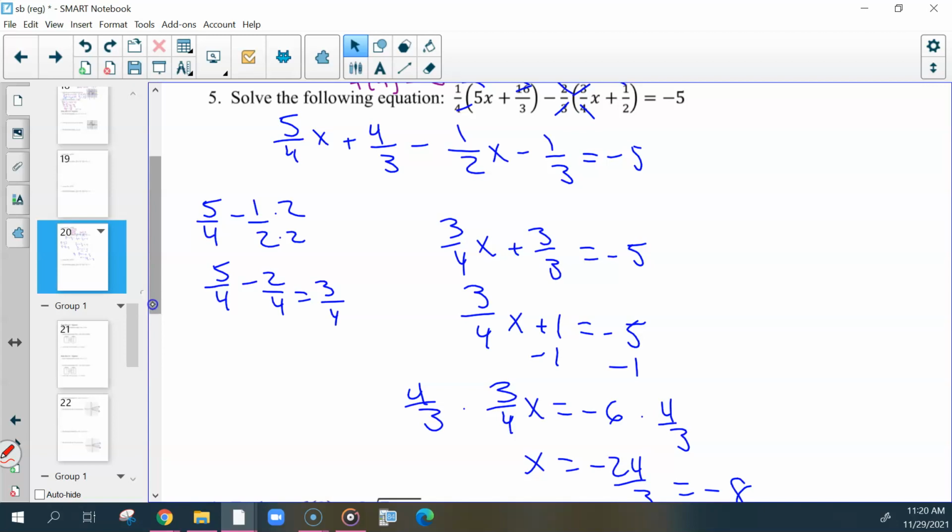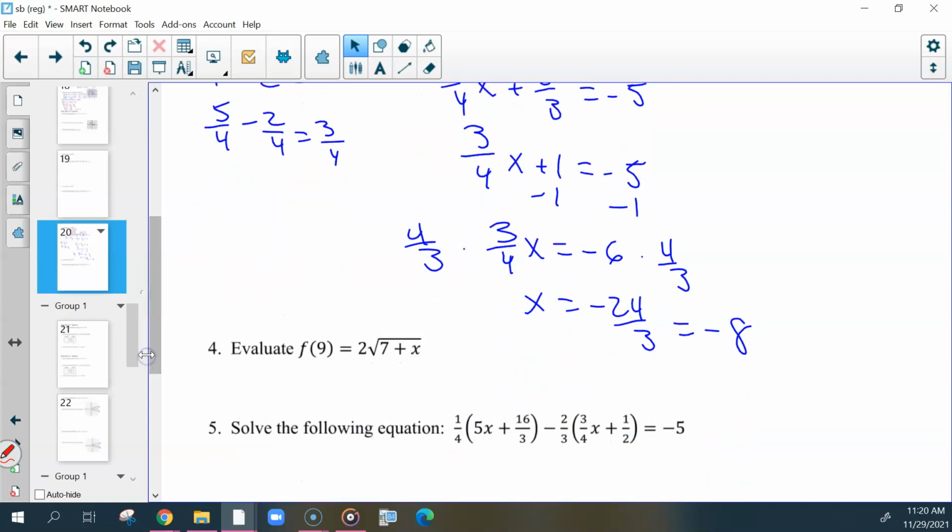You can start to solve it. Subtract 1 from both sides. Multiply both sides by the reciprocal, 4/3, and you would get -8. Questions on that one?